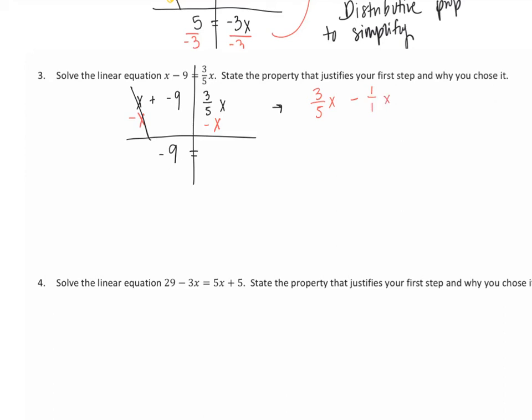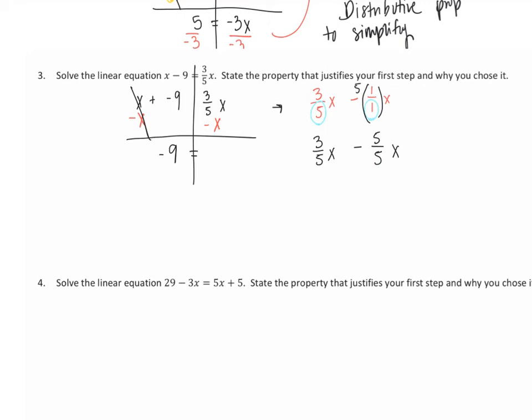Now, when I subtract fractions, the denominators have to be the same. Right now, this is a 1, this is a 5. So I'm just going to turn that 1 into a 5 by multiplying this by 5. So this becomes 3/5 x minus, and if I do this whole thing times 5, this becomes 5/5x.